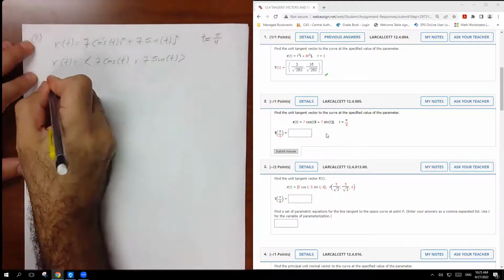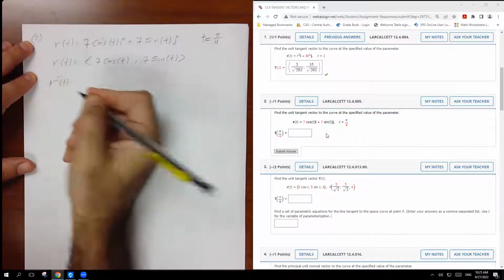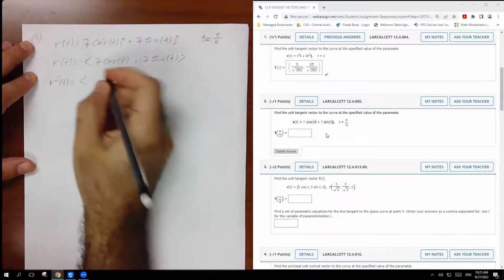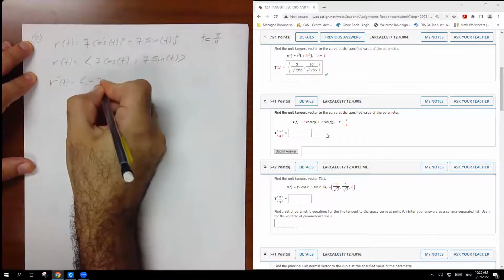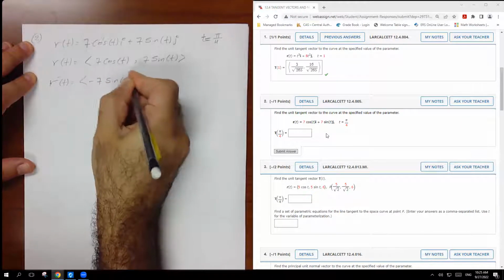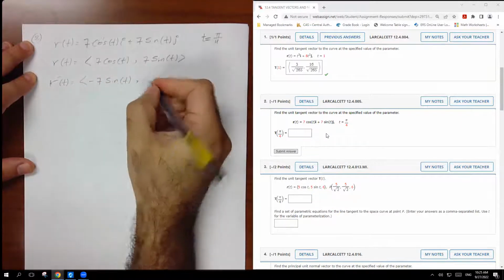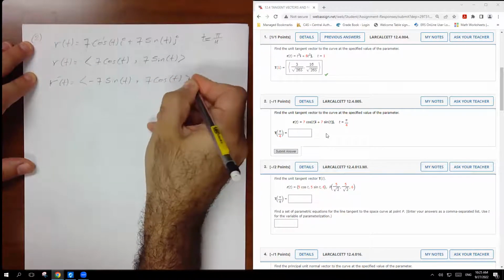But first of all, I'm going to say r prime with respect to t is going to be equal. The derivative of cosine is going to be negative sine, so it's going to be negative 7 sine t. And the derivative here is going to be 7 cosine t.